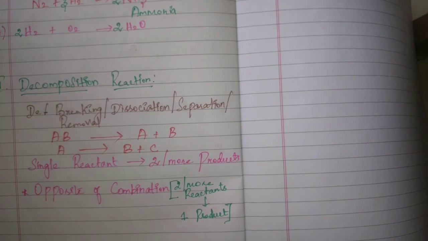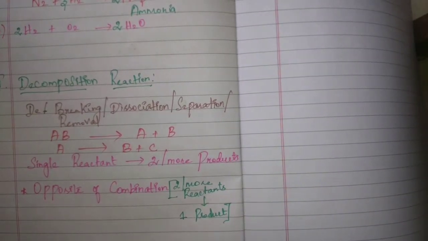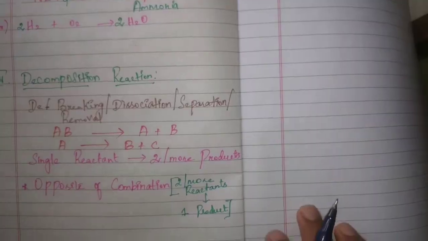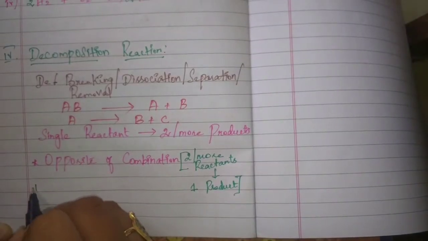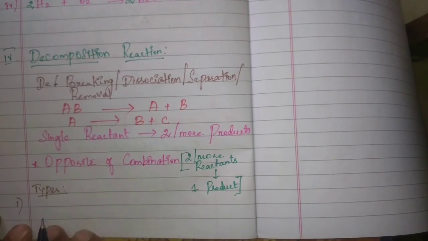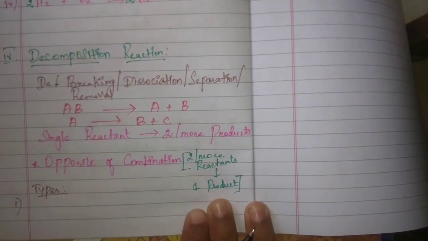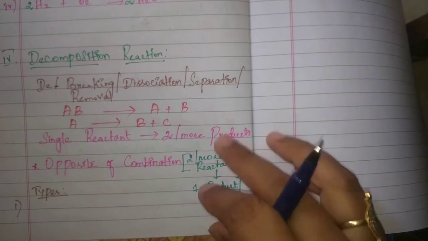Okay, so let's discuss with examples, students. So what are the examples given in your book? Before that, you should know the types of decomposition reaction. Generally, three types of reactions are there. First is using heat. Here we are going to break the compounds with the help of energy.